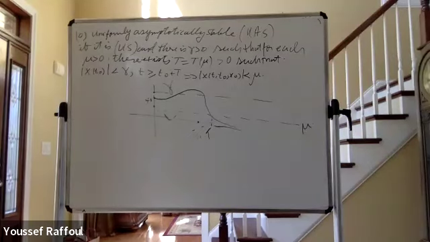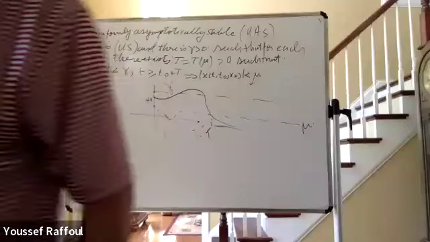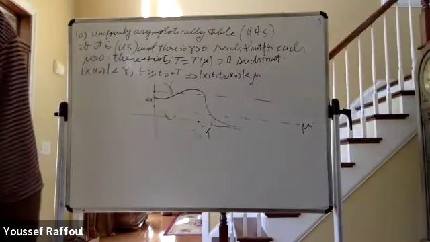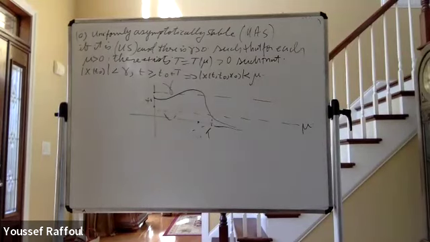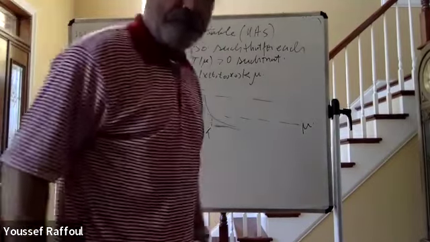Just dominate one of them. Take T less or equal to A, and A here mostly is T naught, which is zero here, and then take X minus 3, for example, less than B, and worry about the B. Don't worry about the A.